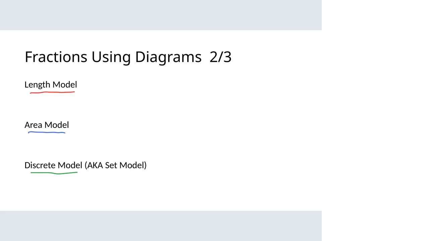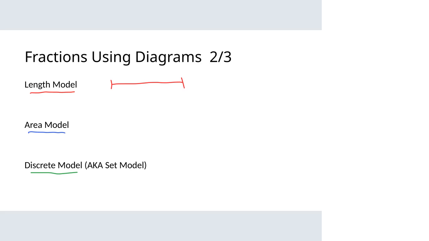At any rate, let's look at what 2/3 would look like using the length model, the area model, and the discrete model. There's more than one way to write these, but the examples I'm going to give just show what these models are and what they look like. If we want to use the length model, essentially what we're talking about is a number line or a ruler. You can think of it either way. We're just looking at distance.